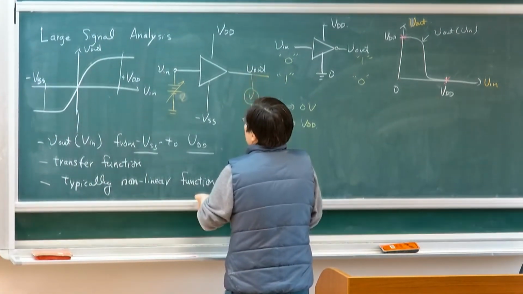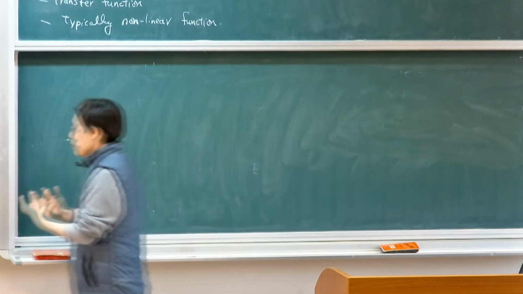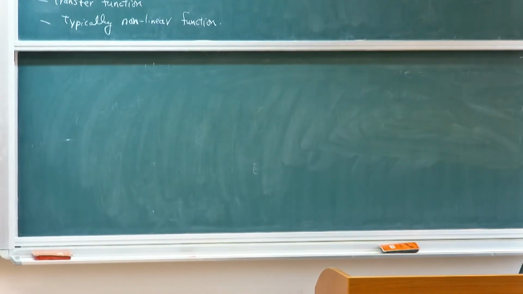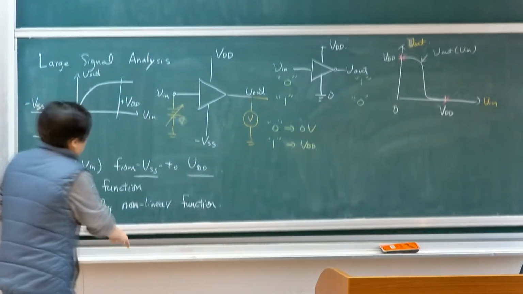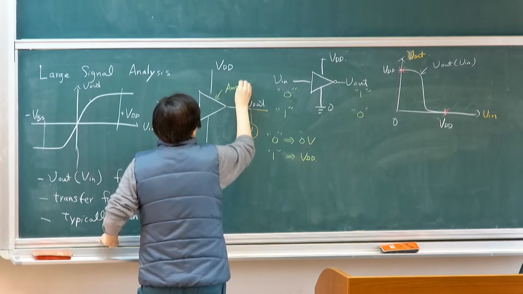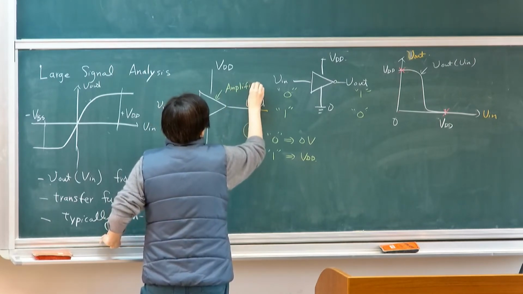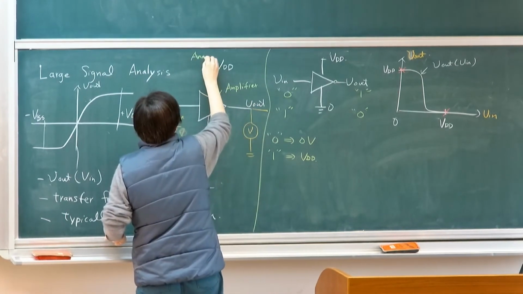So let's look at a different type of analysis, which is more the analog signal process. The analog example is on the left. This is an amplifier. So this is the analog part.